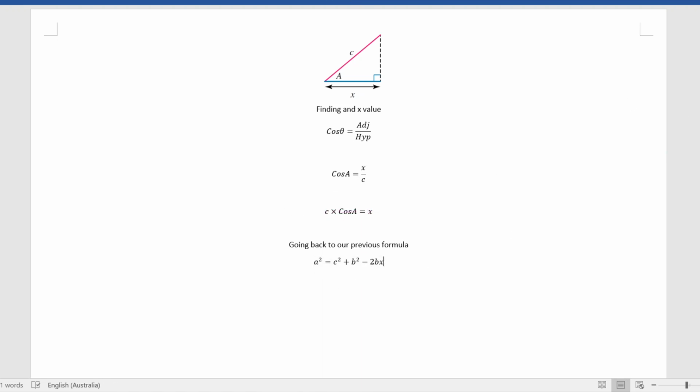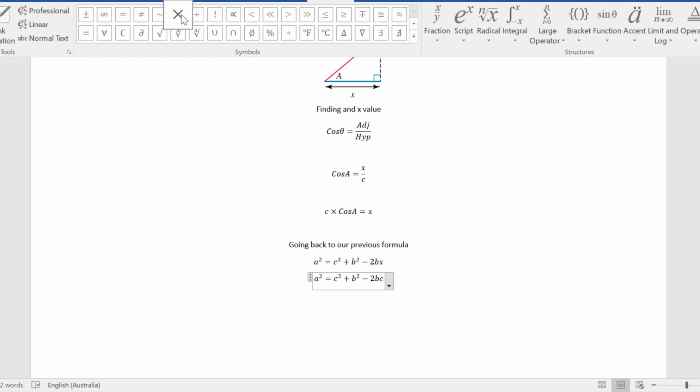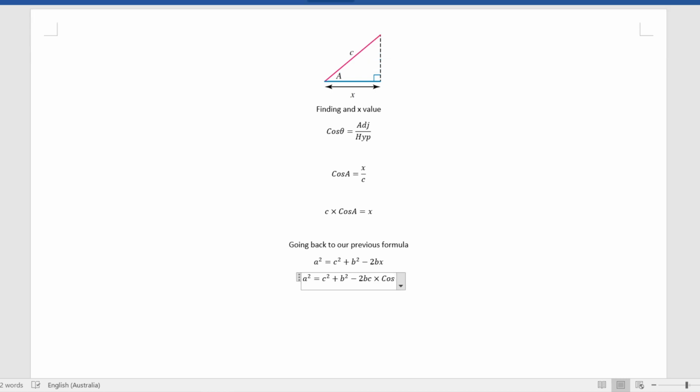Okay, so just copying and pasting this down. Instead of writing X, remember what I said, we're going to write C times cosine of A, okay?